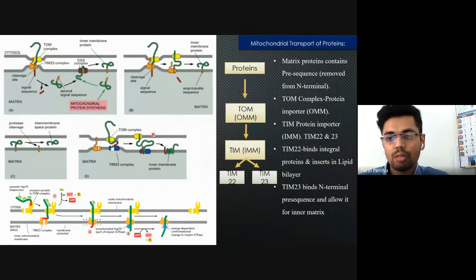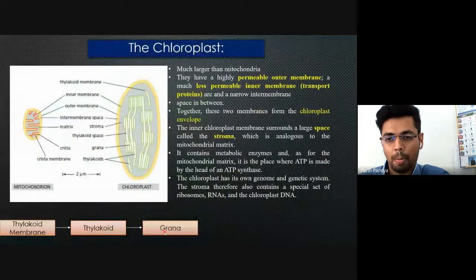This is one of the non-favorable reactions; delta G over here, with respect to the biochemical part, is positive. To make that reaction more favorable, ATP hydrolysis happens, and once the ATP hydrolysis has been done, the reaction is driven and the protein is transported across the different parts of the organelle.